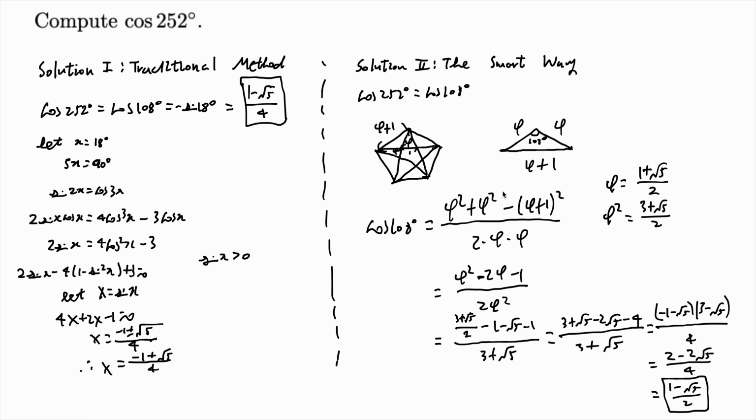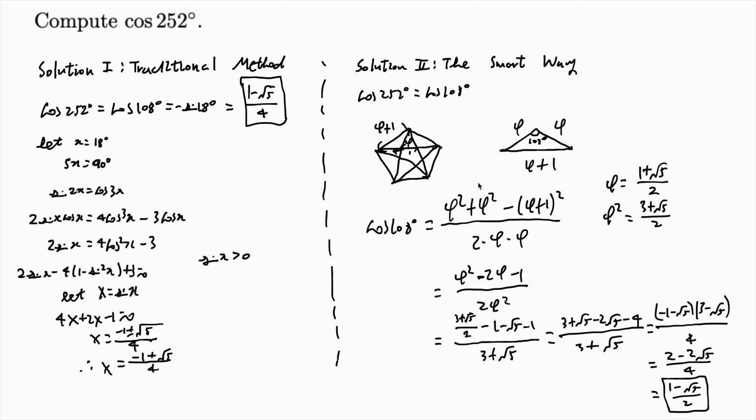Minus, this is right, over 2 times phi. Yeah, this is right. The 6 plus 3 plus, that's also right.